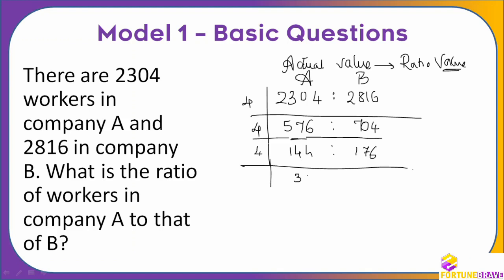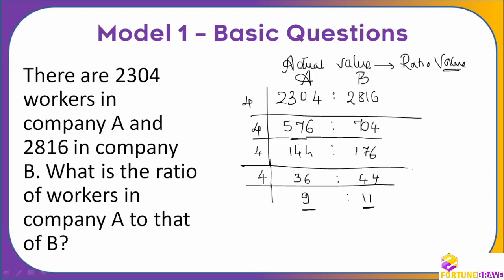4 3s are 12, 4 6s are 24, 4 4s are 16. So now again it is divisible by 4. 4 9s are 36 and 4 11s are 44, so this is your ratio. 9 is to 11 is your ratio.